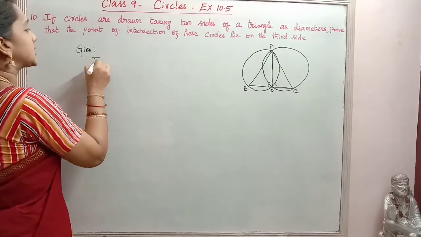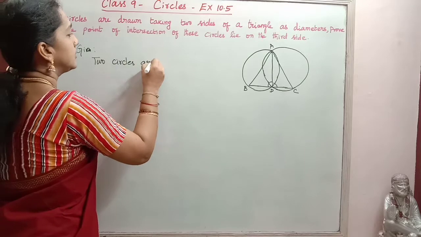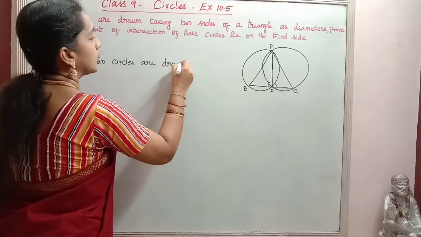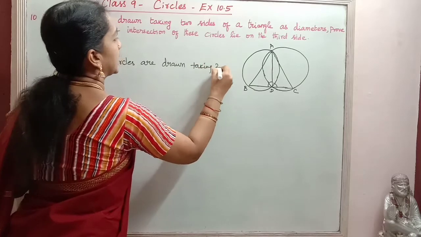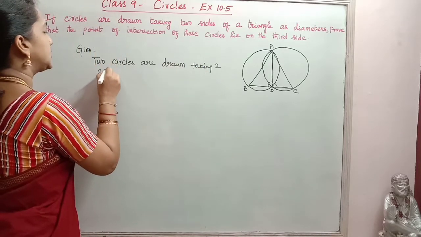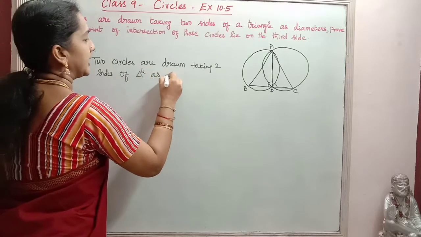Two circles are drawn taking two sides of a triangle as diameters.